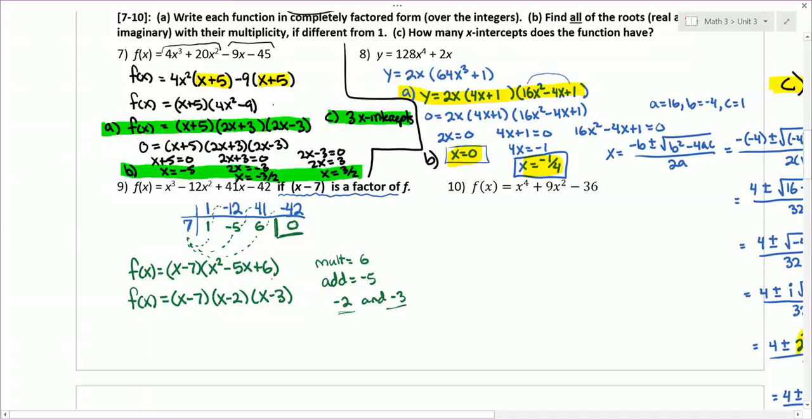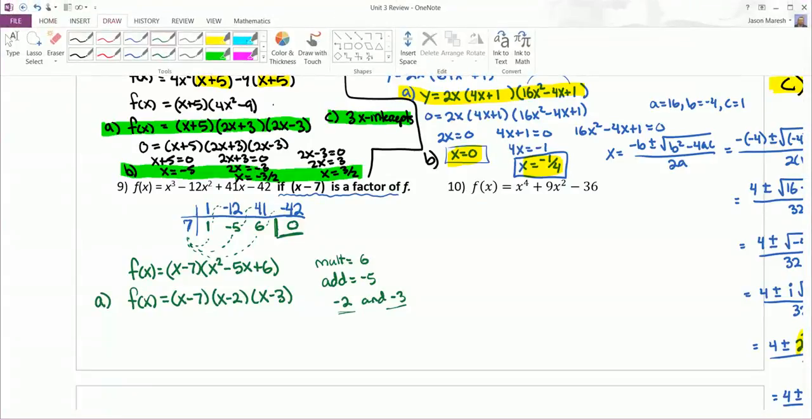The longer way and the process that shows why this works would be splitting that negative 5x into negative 2x and negative 3x, and then to factor by grouping, and we'd end up with this result. It's a bit more work, so we're taking the shortcut here. So that's part A. We have fully factored over the integers f of x.